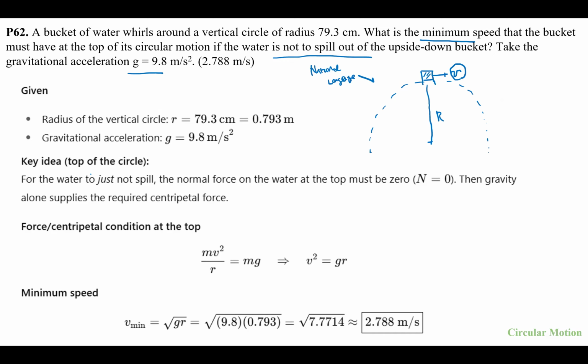Okay. At the top of a circle, for the water to just not spill, the normal force of the water at the top must be zero. So in other words, here, we have two types of forces. Of course, the gravitational force is here, gravity downward. And then there is also another force here, which is a centrifugal force or centripetal force, depending upon your viewpoint.